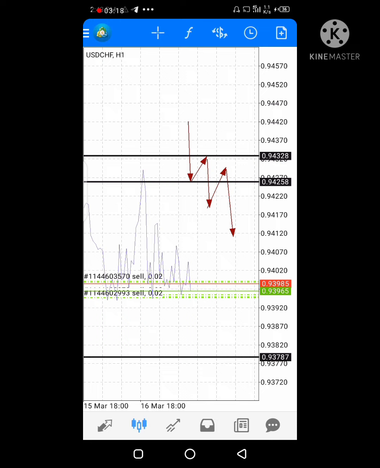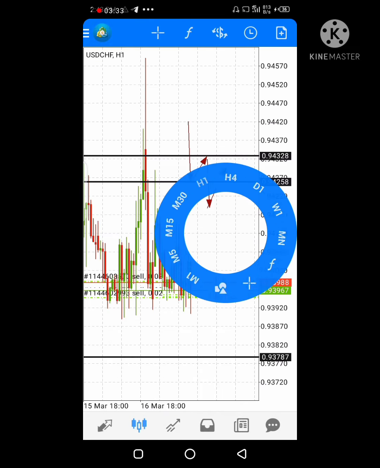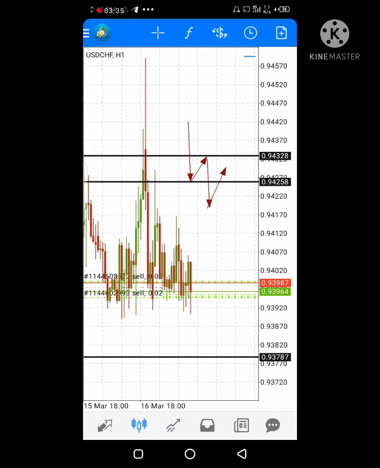Now my stop loss is going to be here. It ought to be here for the first one. I'm just going to put my stop loss there, then later I'm going to trade down below. So I'm just going to change the candlestick so I can see where to place my stop loss. This is actually a long-term trade.